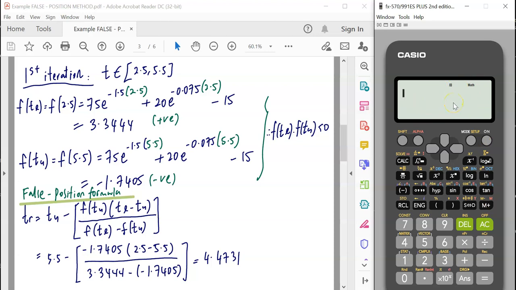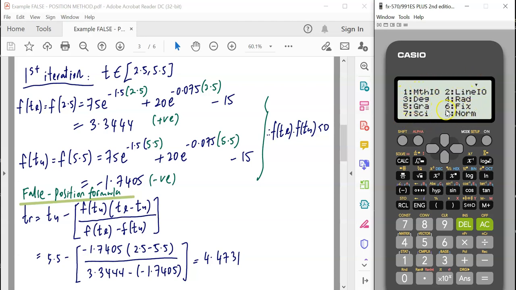In order to set your number of decimal places or significant figures in your calculator, you must click the button mode here. So you press shift, and then after that you press your button mode here.